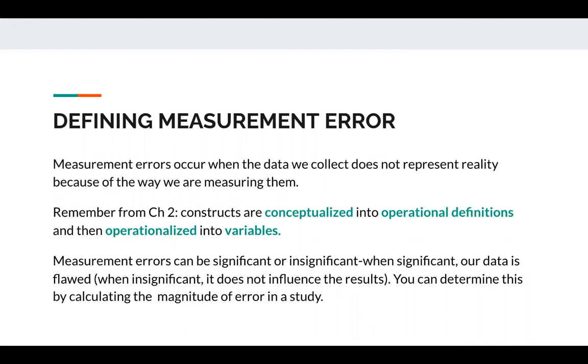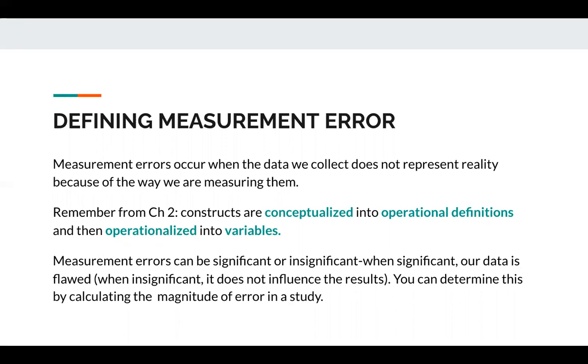And then you turn those operational definitions, you operationalize them into variables for all of the constructs that vary in your study. So that was material from chapter 2. So you have kind of two activities going on there, before you even go out in the field to collect your data: you have that conceptualization and you have that operationalization.